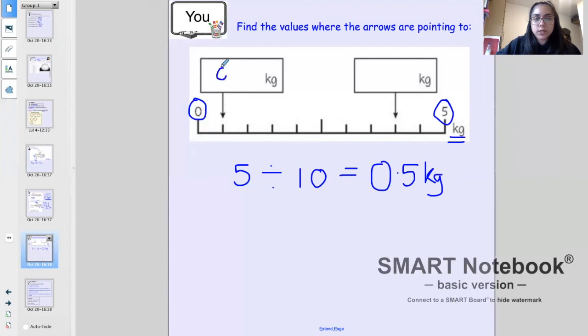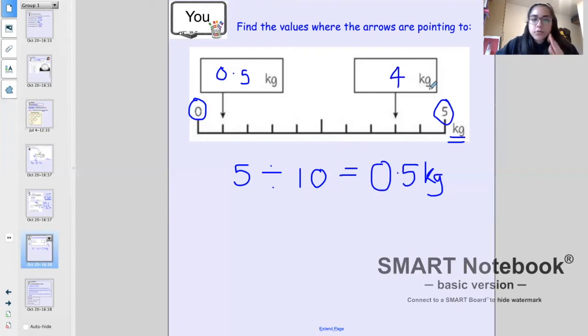So this is 0.5 kilograms. If we count up in 0.5s to see what this arrow is pointing at, we can then find out what the missing value is. So 0, 0.5, 1, 1.5, 2, 2.5, 3, 3.5, 4. So this number should have been 4 kilograms.